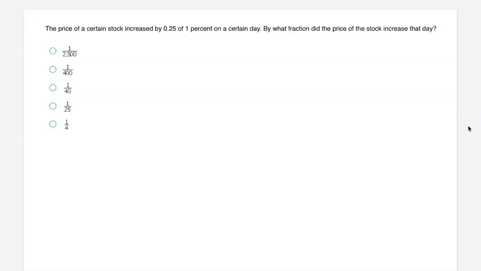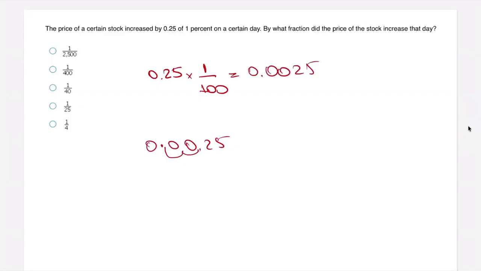Look, guys. The price of a certain stock increases by 0.25 of 1%. By what fraction did the price of the stock increase that day? 0.25 divided by 100, that's two places, so it's 0.0025.